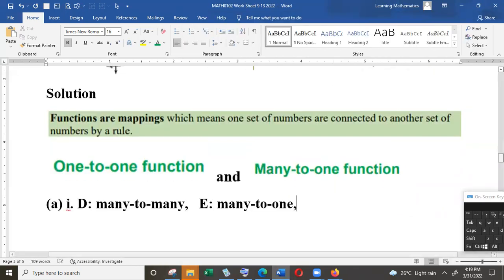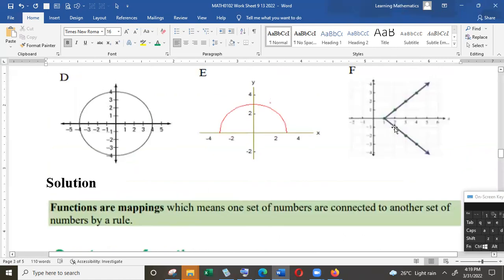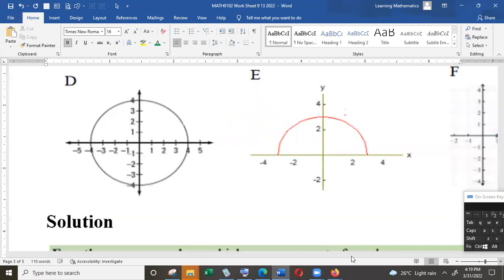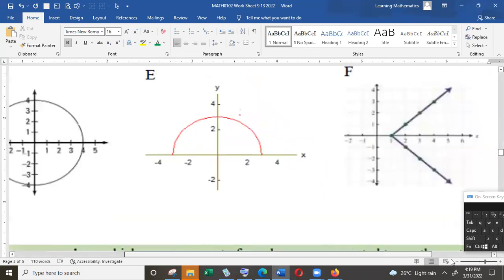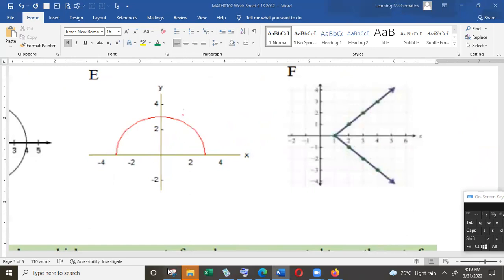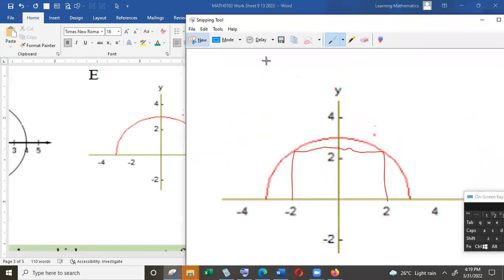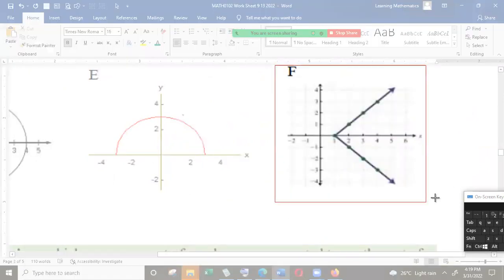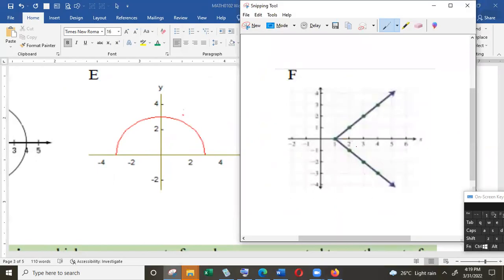And F now, what is going on with F? Can anybody share with us what's going on with F? Let's take this 3. 3 is going up to this value there, and 3 is also going down to this value there.